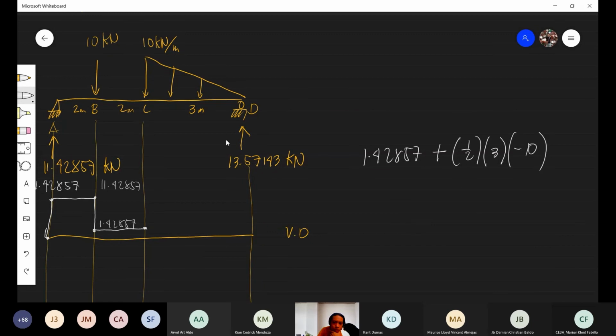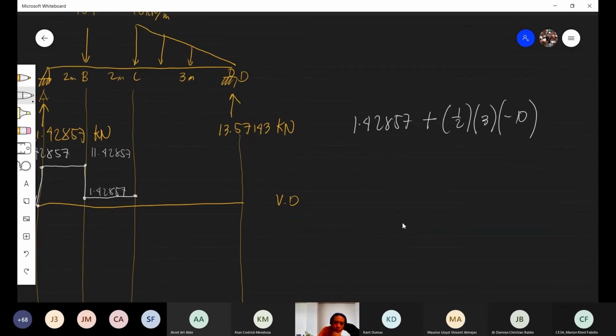That is negative 15. So the total is negative 13.57143. Is that right? It should match the reaction.